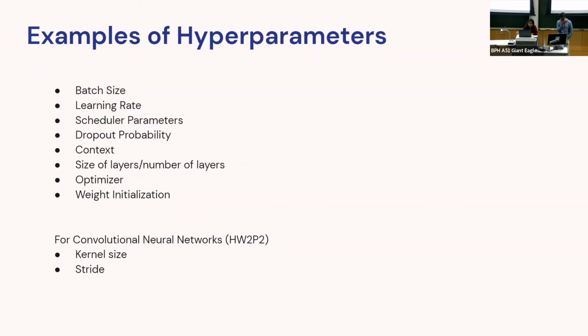And then we have the learning rate. As I mentioned, having a very large learning rate could lead to divergence. Having a very small learning rate would increase the training time, and the rate at which the network learns would be very slow. So you can vary your learning rate and see what best suits your models. And then we have scheduler parameters.